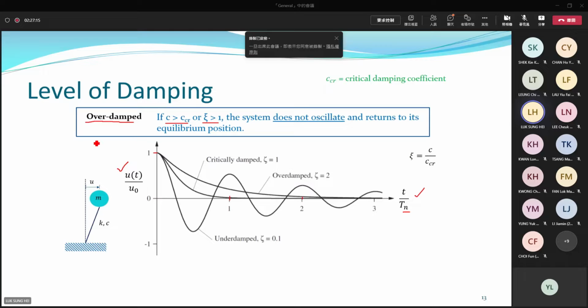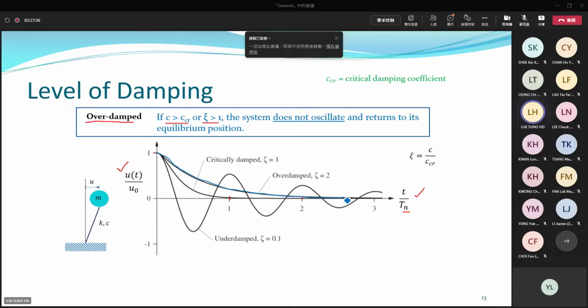Then what happened for overdamp? Maybe I change the color to blue. For an overdamp system, you can see that the displacement decreases gradually and then reaches the at-rest position.